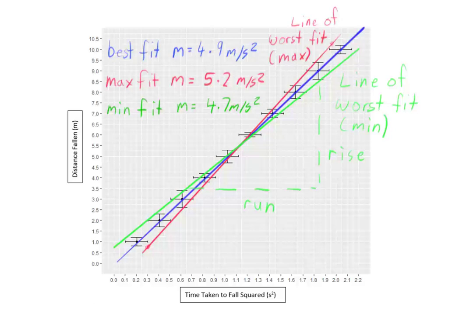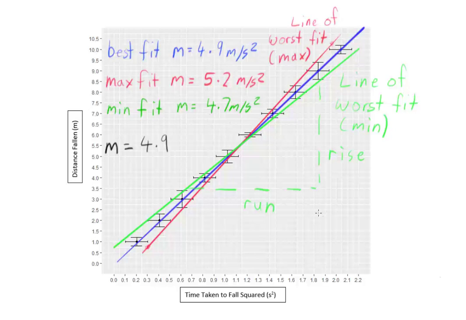So now, to find the uncertainty in my slope, I'm going to take my final gradient to be the best fit. So that is the 4.9 meters per second squared. But then, in order to find the uncertainty in that gradient, I'm going to take the max fit line and subtract off the minimum fit line and divide by 2.